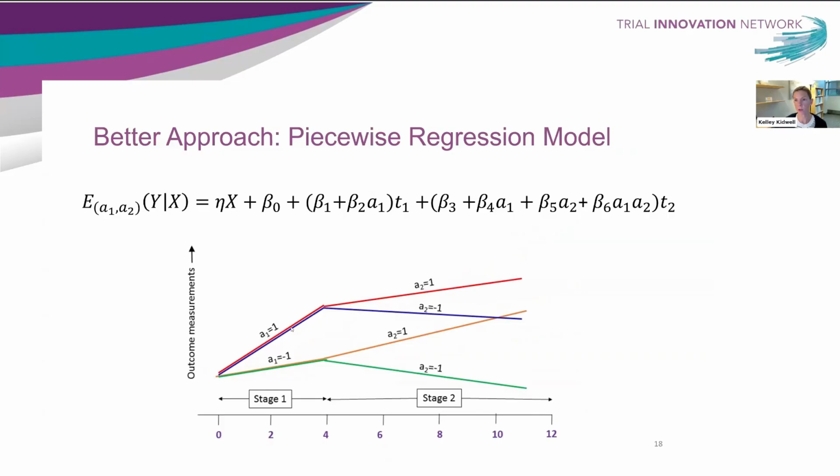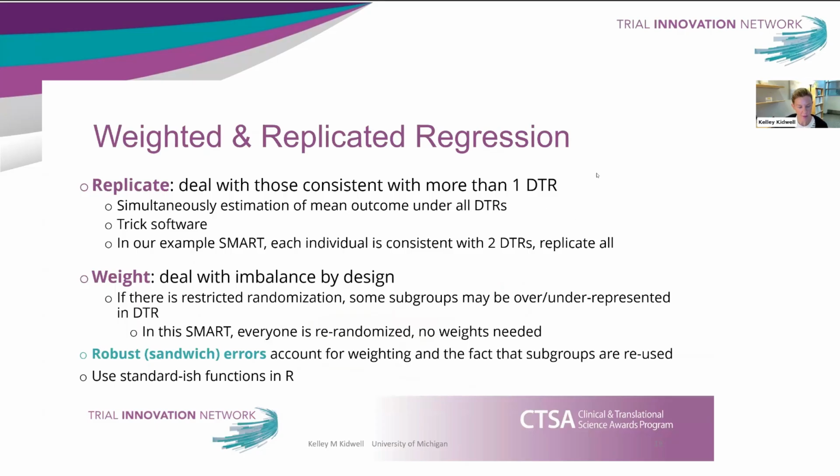And so then more appropriately, you get these trajectories that could look something like this, where you've had to, again, account for the fact that you really only have those 2 treatments in the first stage. Now, the most commonly used method of analyzing longitudinal data is again using this weighted and replicated regression with this piecewise regression.